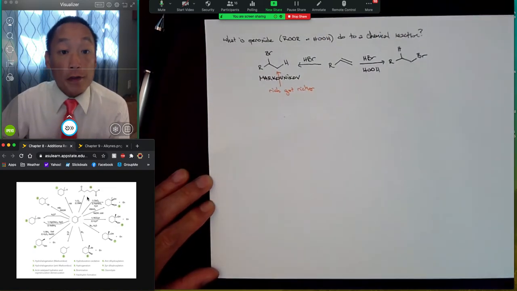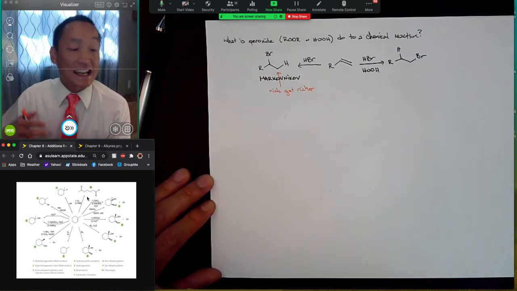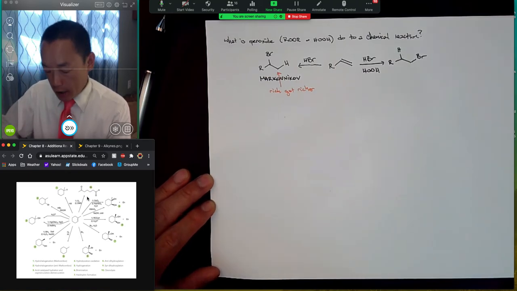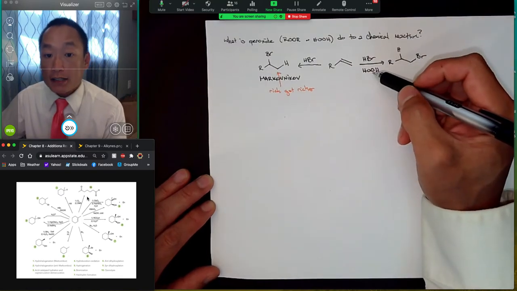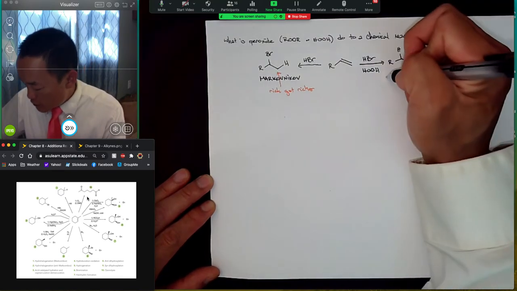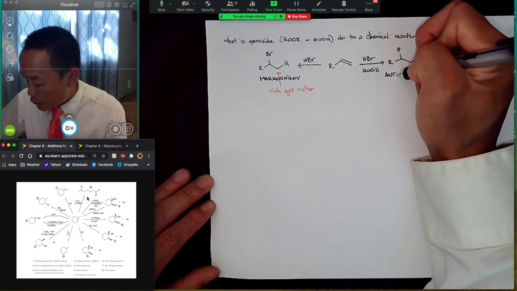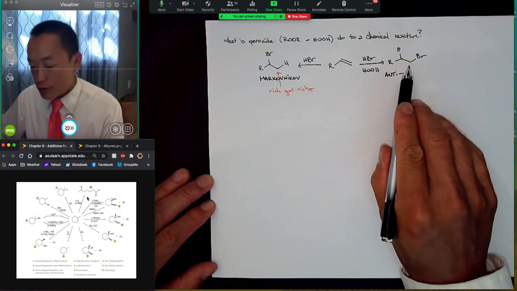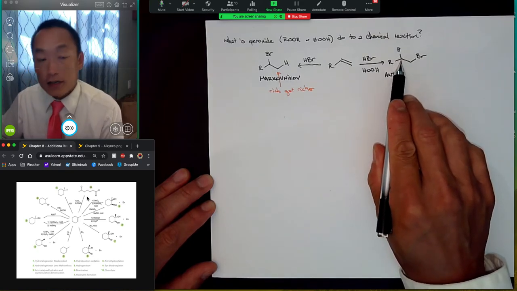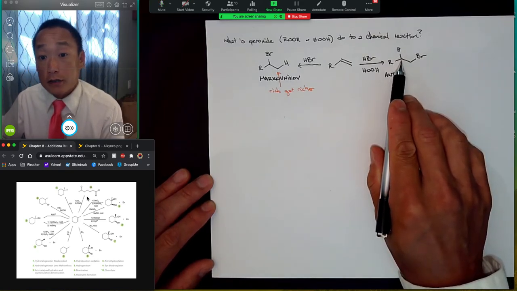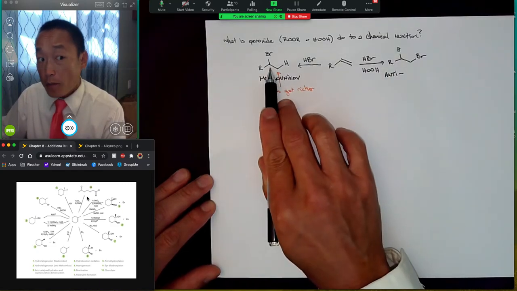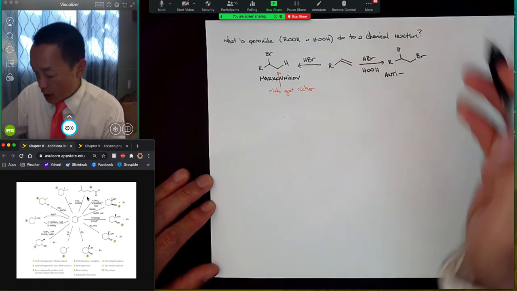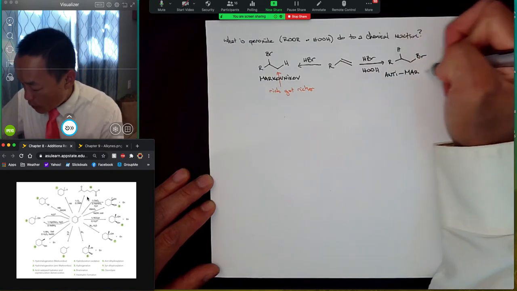The carbon with the proton is the one that got the proton from the HBr. Then the presence of peroxide is enough such that the regiochemistry is reversed. The hydrogen is now added to the carbon that was the one that had the bromine before, and the bromine went to the carbon that had the most hydrogens on it. This is anti-Markovnikov.